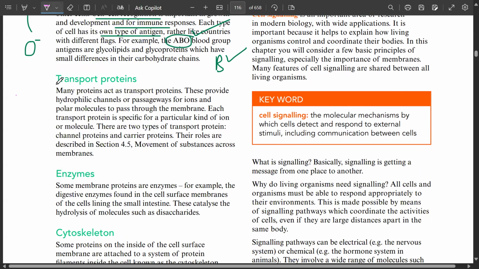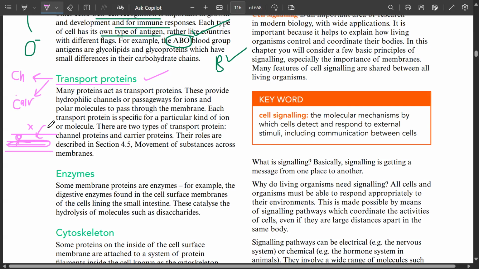Then we have some that act as transport proteins. We also have to study transport proteins in detail in the lecture after 2 days. We have channel proteins, we have carrier proteins, which provide transport functions. Because we just studied that water soluble substances cannot pass through this hydrophobic layer, because they can pass the head, but they cannot pass the whole tail region.